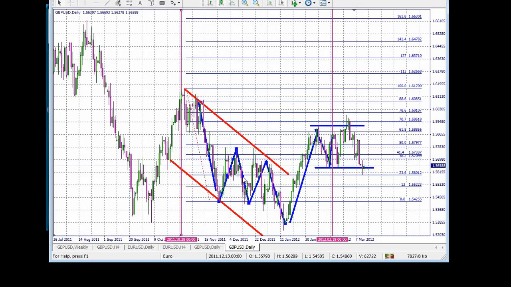Wave 2 and wave 3 have the same length. So the market was in something like consolidation, lost the impulse, and prepared for reverse.